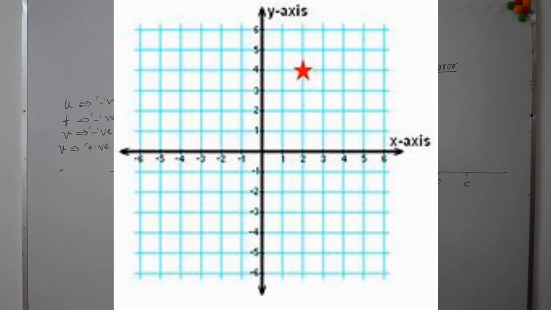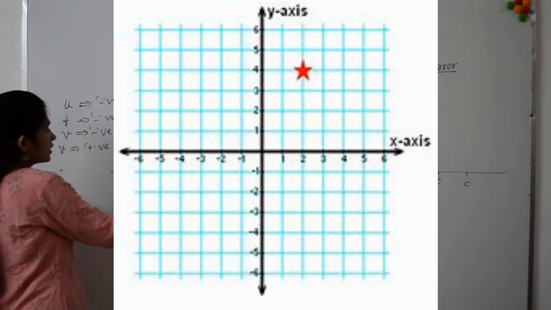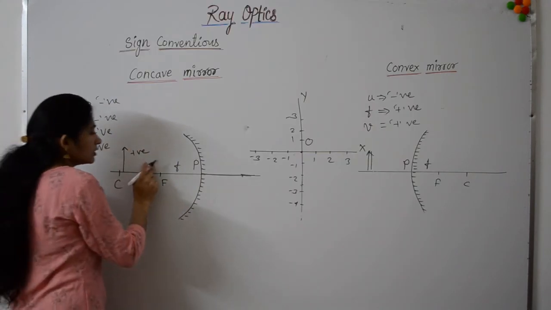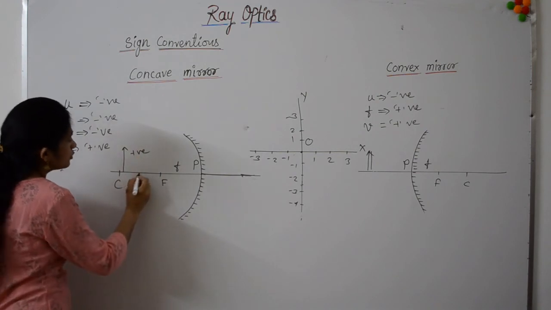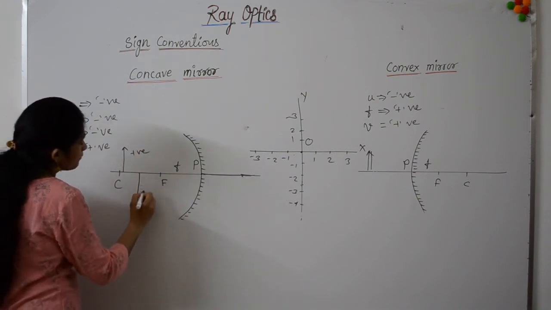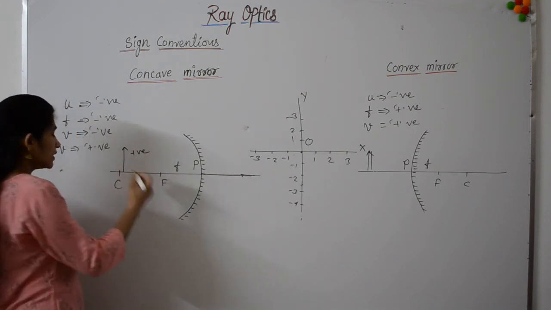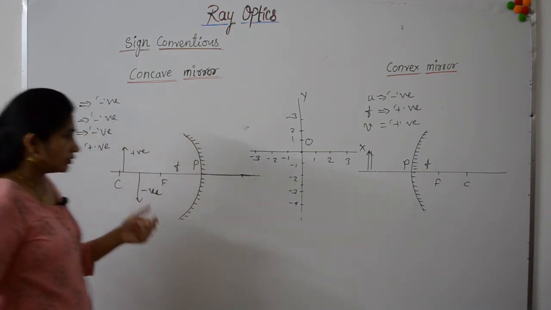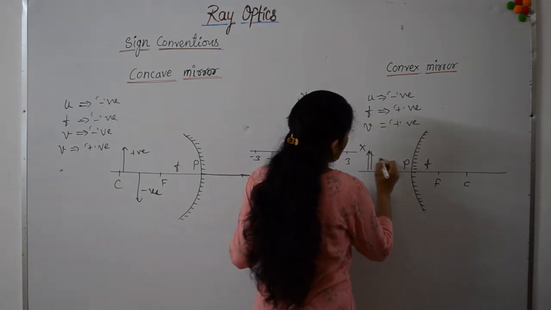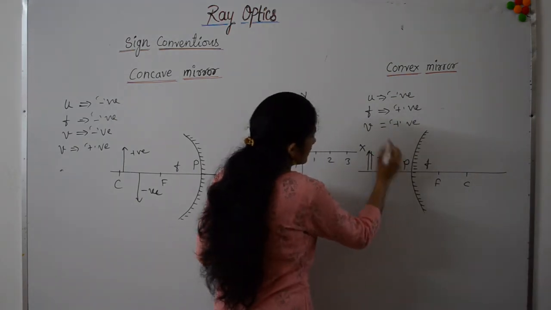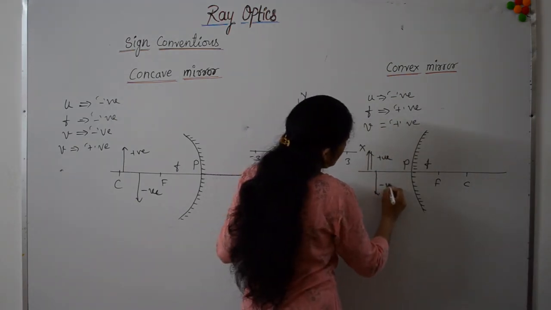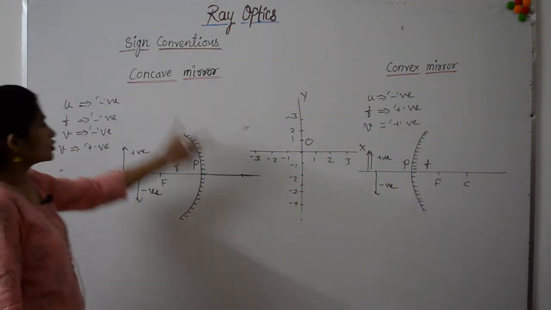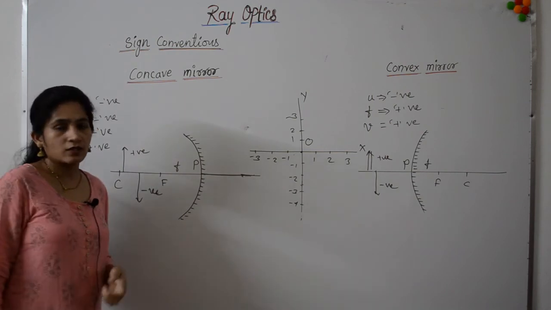So according to this sign convention, the distances which are perpendicular to this principal axis and above the principal axis are taken as positive, whereas the distances which are perpendicular to the principal axis but below this principal axis are taken as negative. In case of convex mirror also, the distances above principal axis are taken as positive and which are below principal axis are taken as negative. So these are the sign conventions for spherical mirrors.